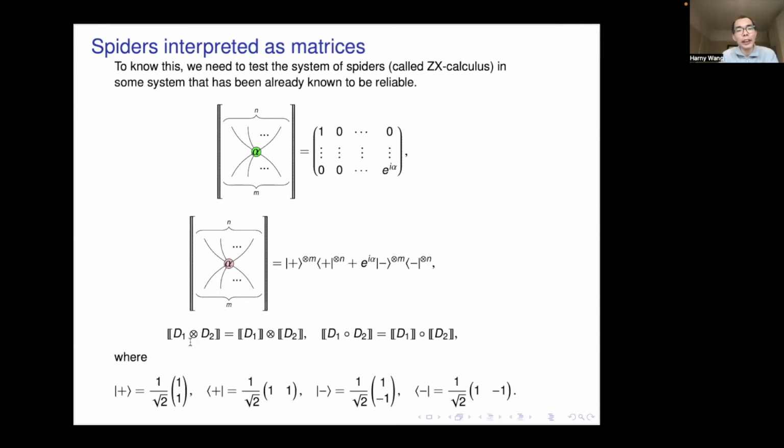And for the other diagrams, you just compose them. If you have two diagrams composed in parallel, then the interpretation is just the tensor product of the two matrices. If they are connected sequentially, then the interpretation is just the multiplication of the corresponding matrices. So that's how to interpret diagrams into matrices.